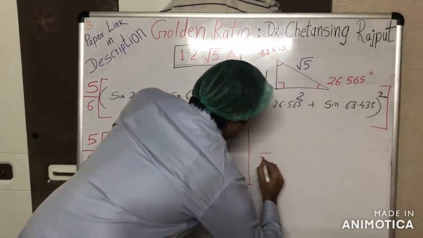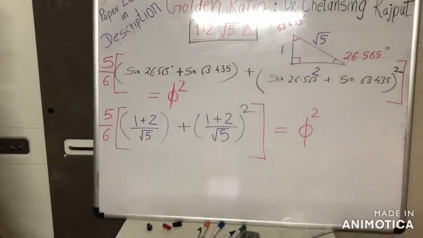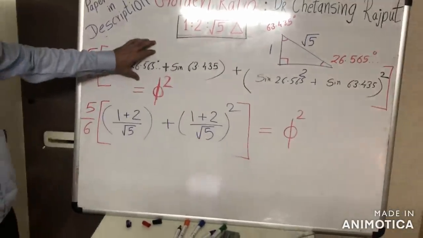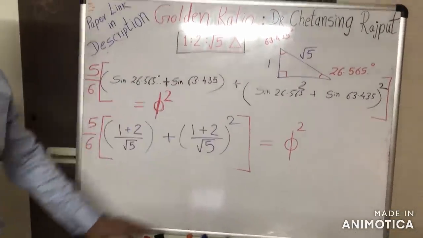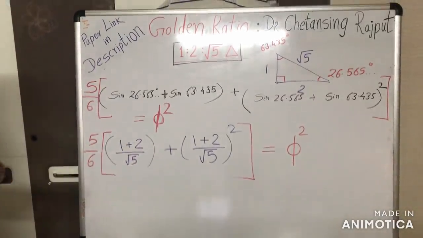And this is precisely equal to phi squared. Hence, the angles or the Cartesian hypotenuse, everything is the purest expression of the golden ratio.